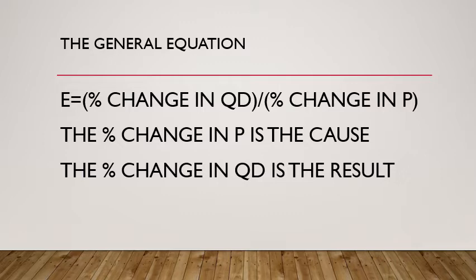And of course, we have the ceteris paribus assumption that goes with this equation. The percent change in price is the cause, and the percent change in quantity demanded is the result.